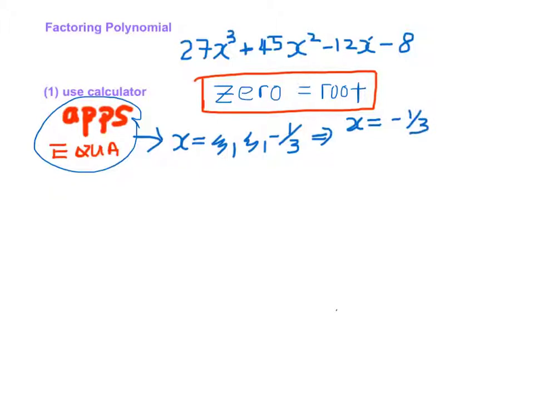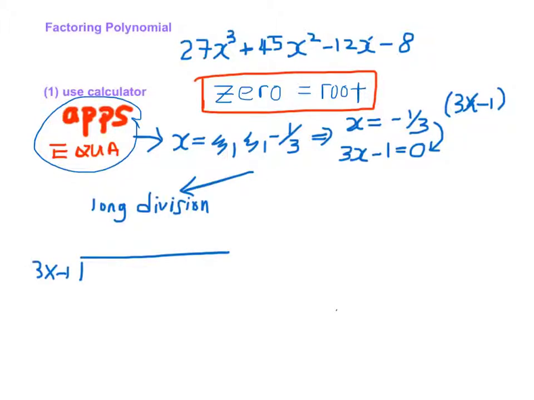What you want to do is rearrange this so that the left hand side is like this and the right hand side is 0. Using this, one of the factors of the polynomial under discussion is therefore 3x minus 1.